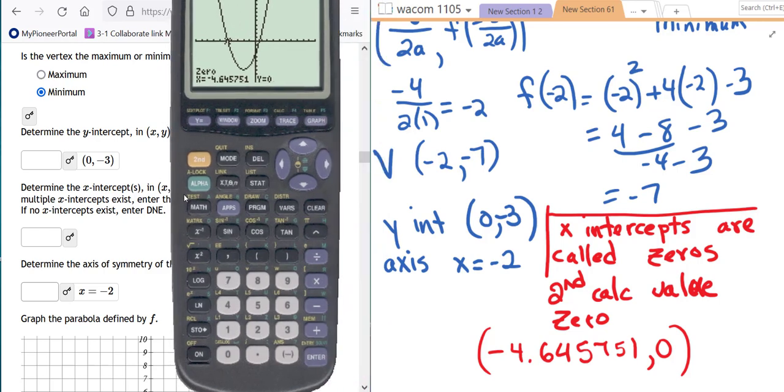All right, so your steps are the same. Second calc, 0. Right, and I need to move it over here to left bound. You can also type in a left bound. So it's asking me left bound, but I need to be closer to it. I could type in 0 right here because I know it's past that. Right, now it asks me a right bound.